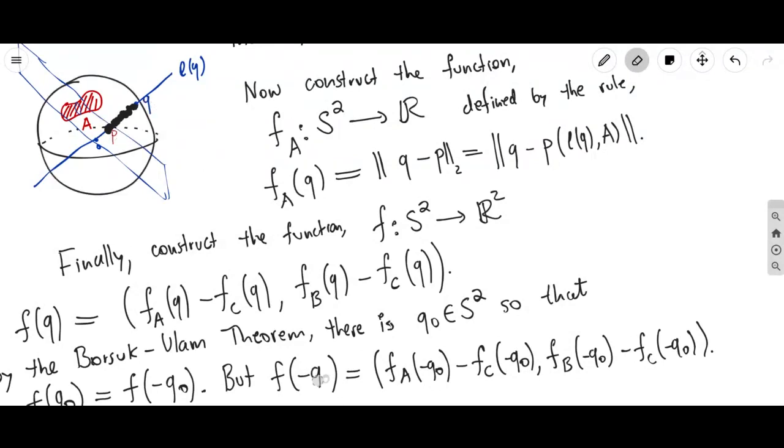Now, if you replace Q by negative Q, you go to the antipodal point. When you go to the antipodal point, the line will remain the same. L of negative Q is still the same line, but the distance from this point to that point would be the diameter, right?